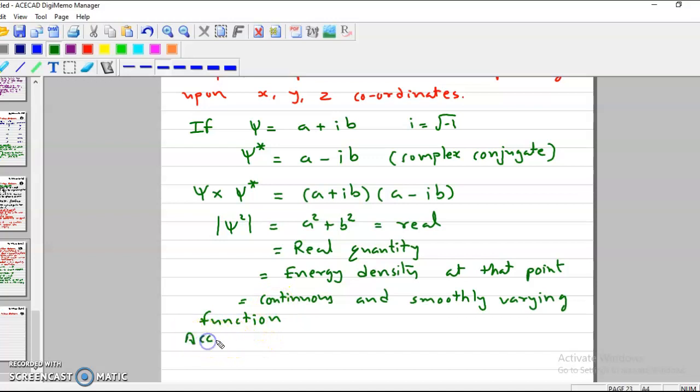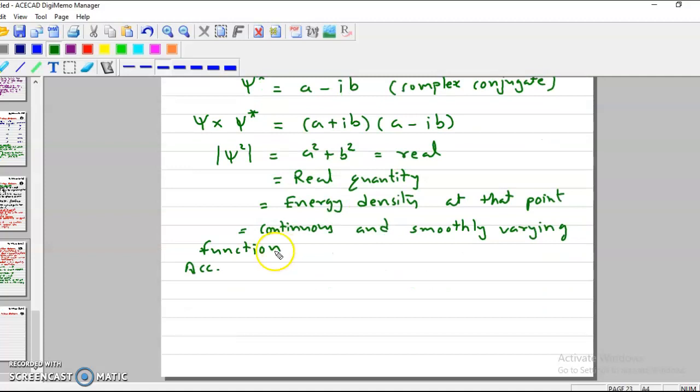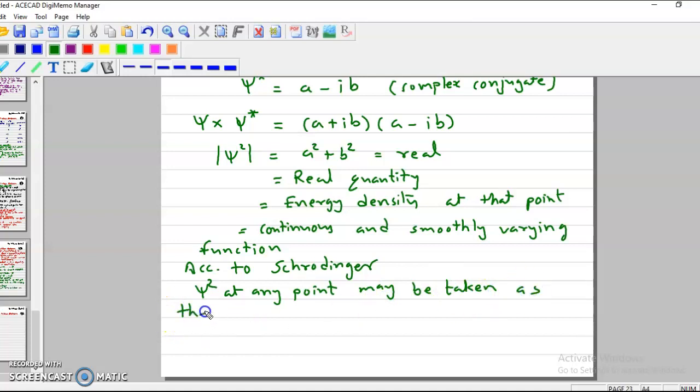So according to Schrodinger, psi square at any point may be taken as the probability density, or probability per unit space, for finding a photon at that point or for finding an electron at that point.